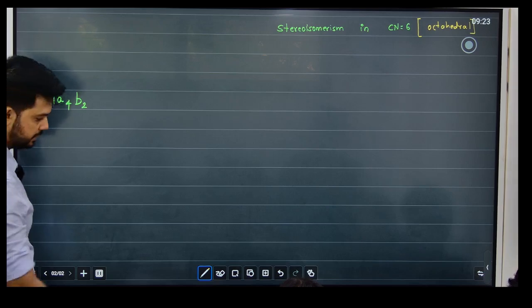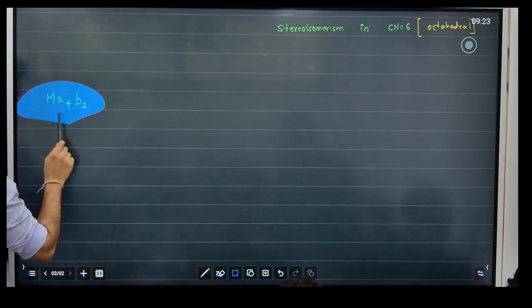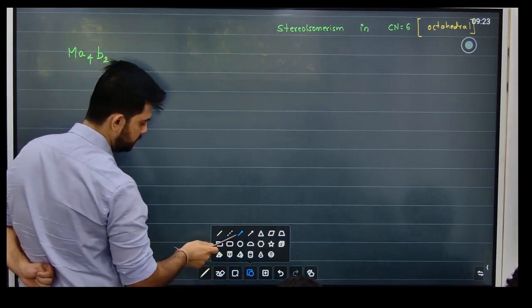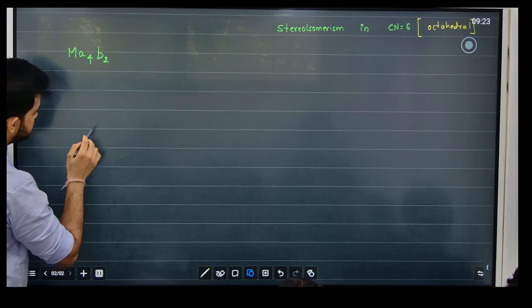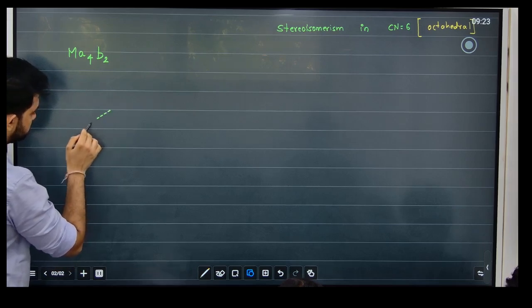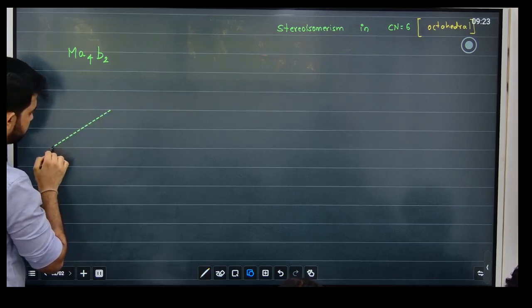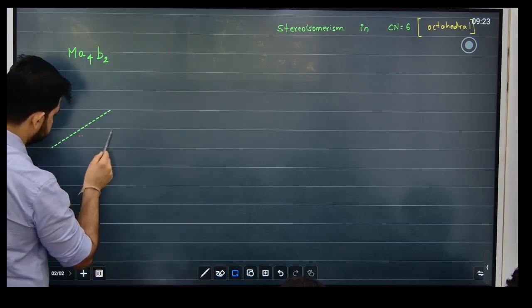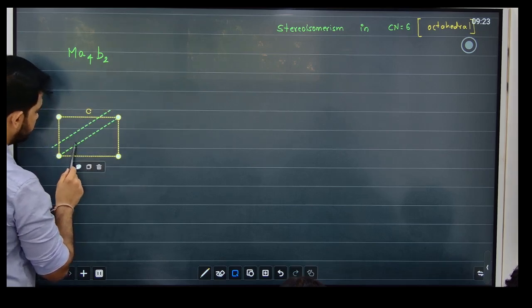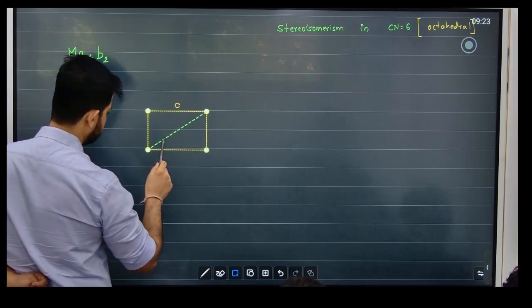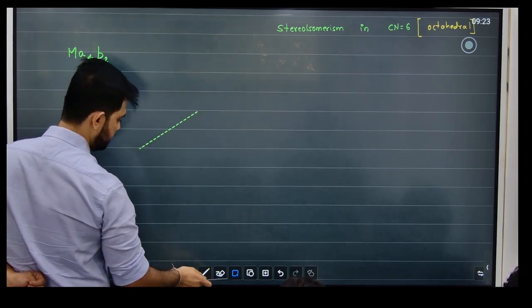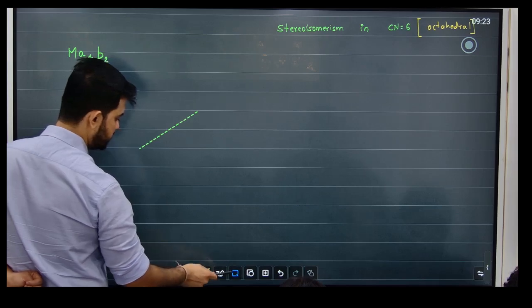Let's start with the first octahedral complex, which is MA4B2. We apply the same rule. The angle between the cis and trans ligands that we consider will be how much? Cis will be 90 degrees and trans will be how much? 180. But we will make one more small change.